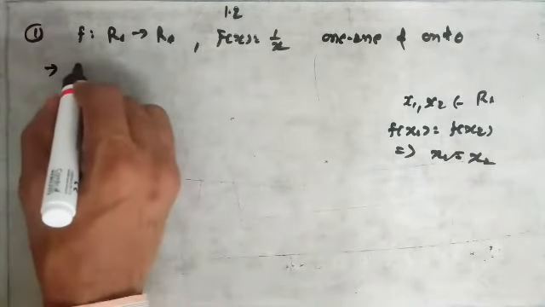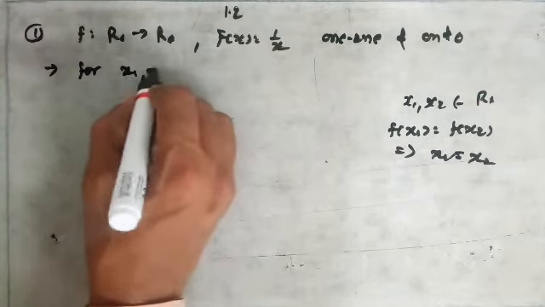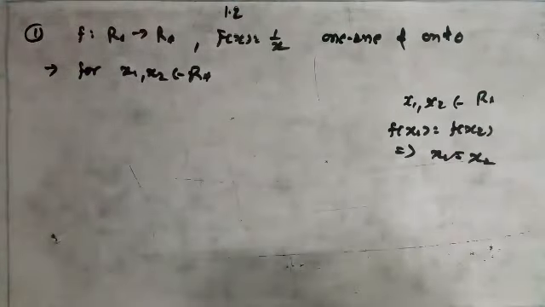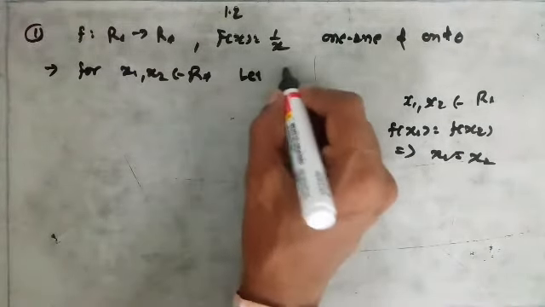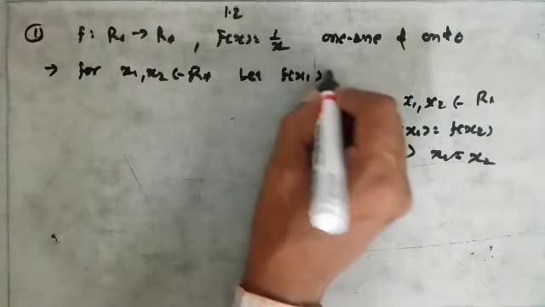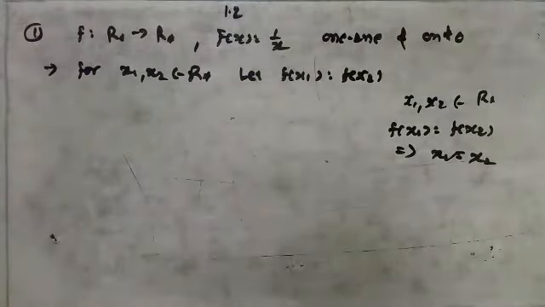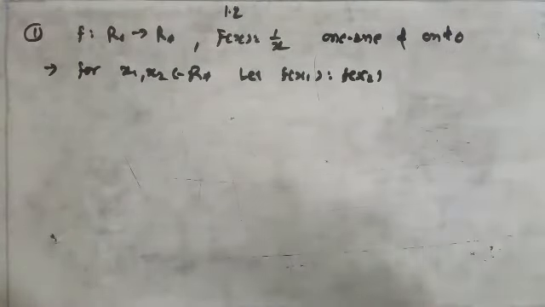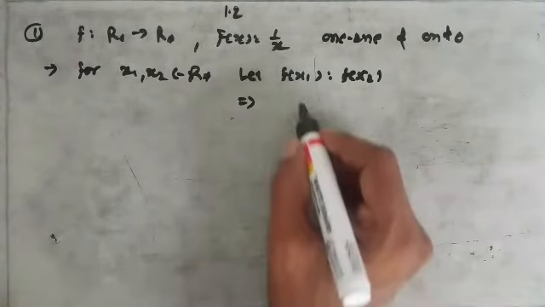So for x1, x2 belongs to R*, set of non-zero real numbers, let f(x1) is equal to f(x2). First we take f(x1) is equal to f(x2). Now we prove this x1 and x2 both are equal.